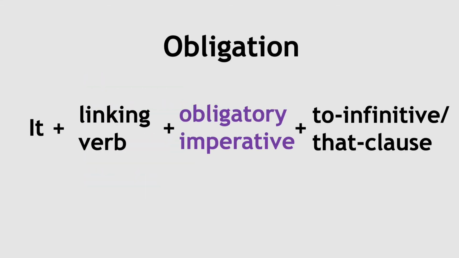So for obligation, we can replace the adjectives representing possibility with those representing obligation, such as obligatory, imperative. Using the same sentence structure with it and a linking verb, followed by obligatory, imperative, and then to-infinitive or that clauses.